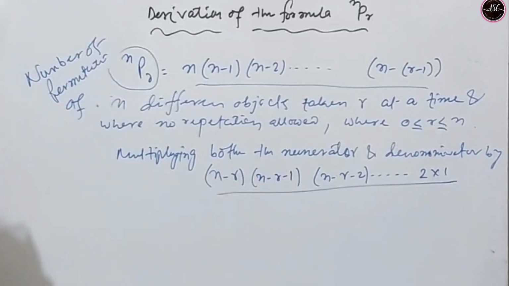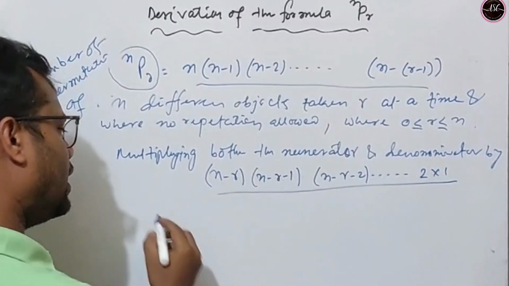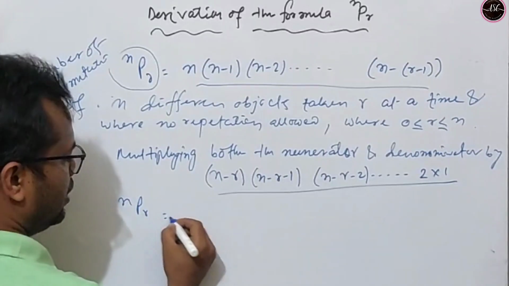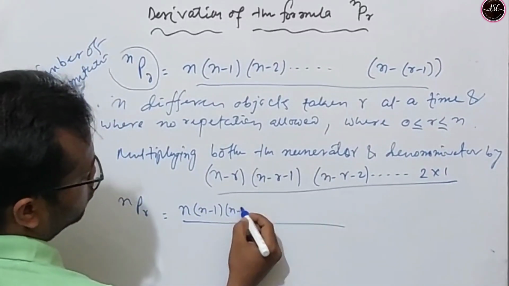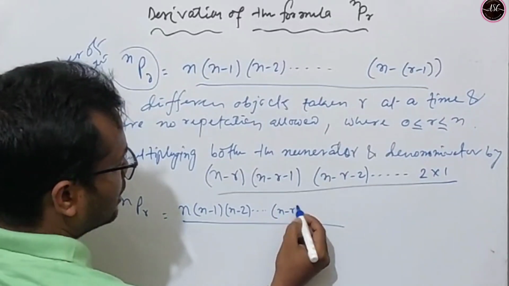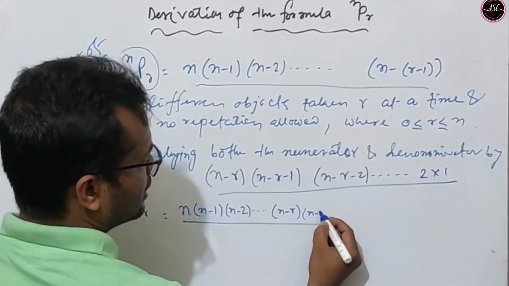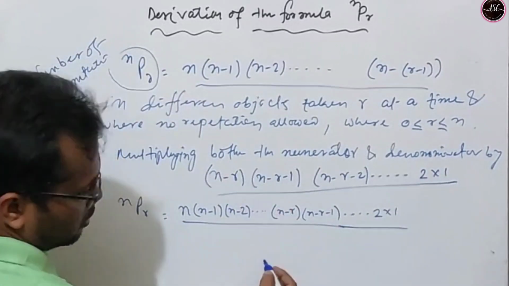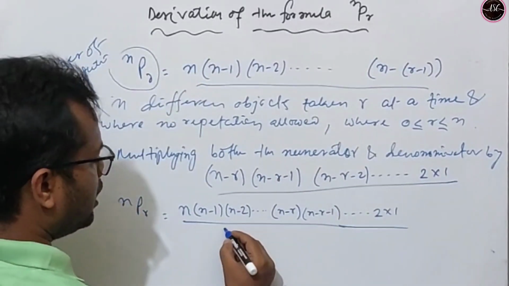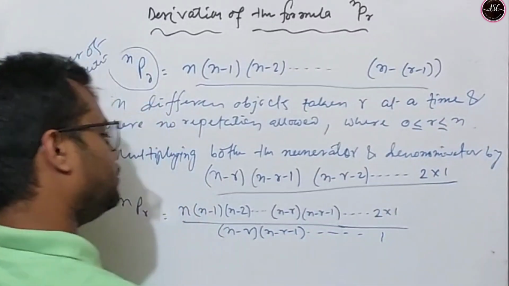Now if we multiply the denominator and the numerator, we have nPr equal to n into n minus 1, n minus 2, up to n minus r plus 1, multiplied by n minus r, n minus r minus 1, up to 2 into 1, and in the denominator there will be n minus r, n minus r minus 1, up to 1.